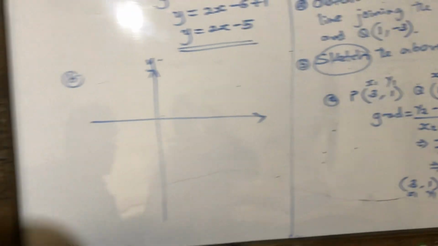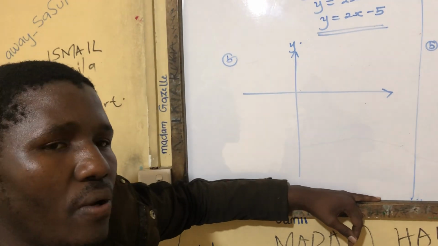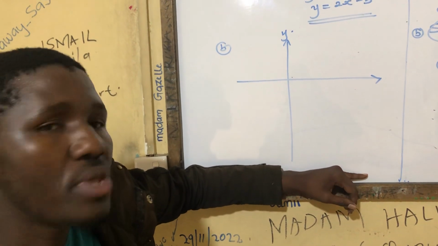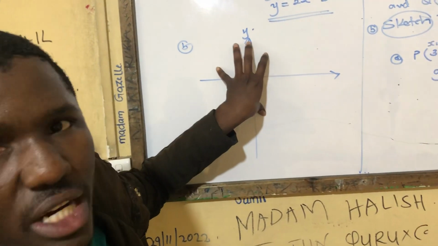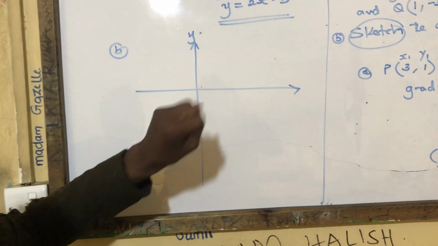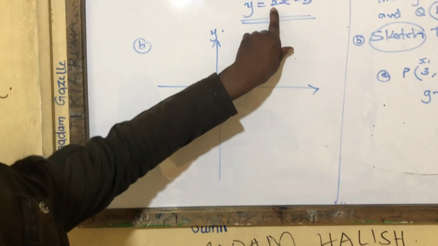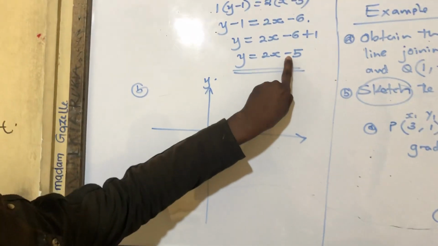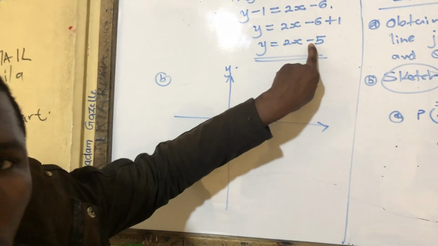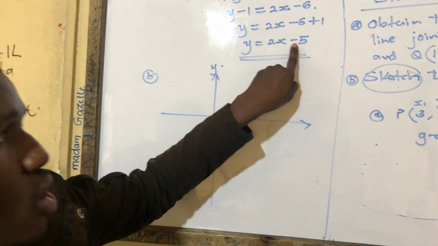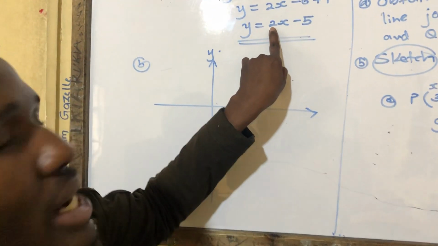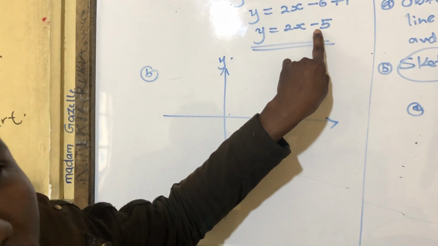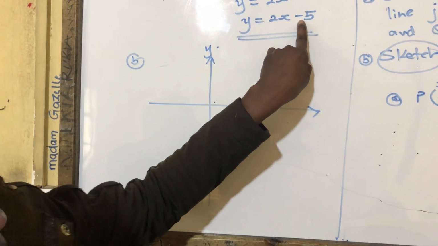When sketching a line or a diagram, focus less on the beauty and more on the key information being factored in. What is the key information? The gradient communicates the direction of slope, while the -5 will be communicating where the line is crossing the y-axis. We already agreed that m represents the gradient, while -5 represents what I call the y-intercept.